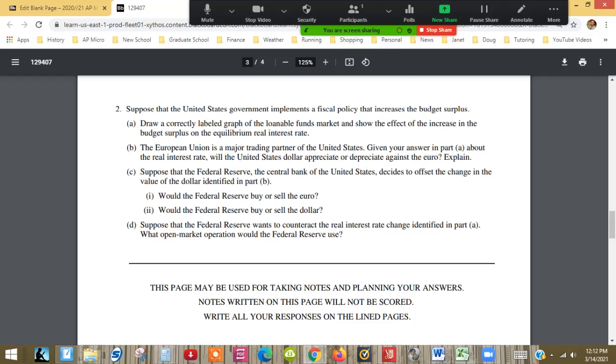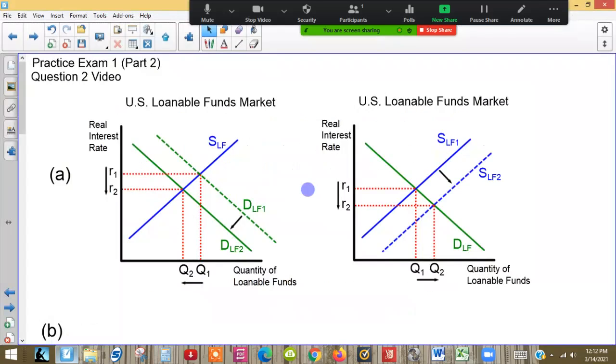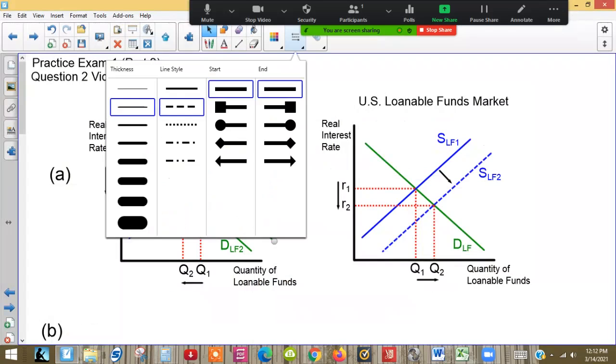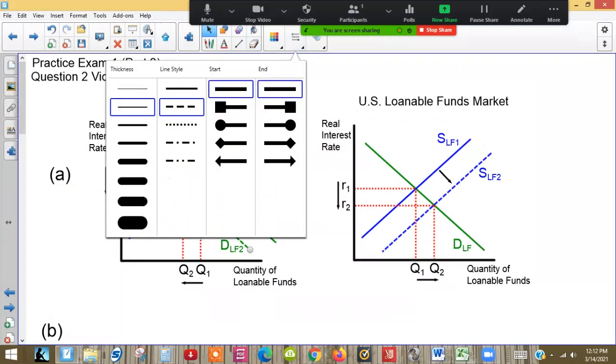So when we look at the graph, you could draw it either way, right? You could draw the demand curve shifting, and I should actually change this to solid, so it's not confusing.